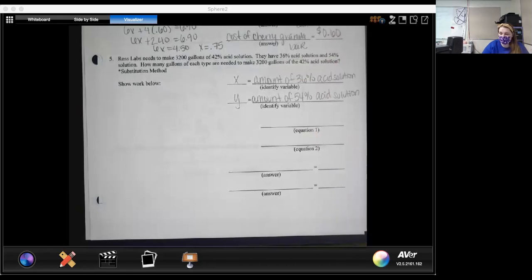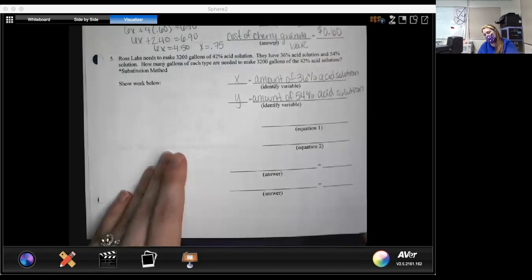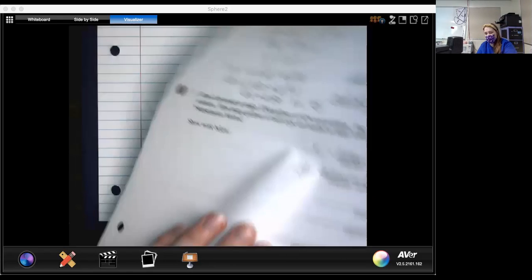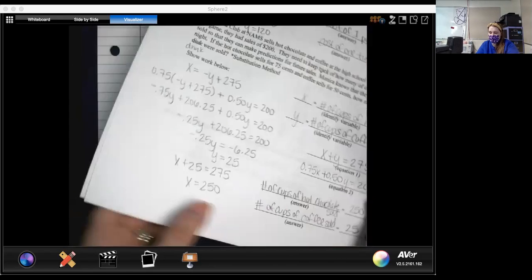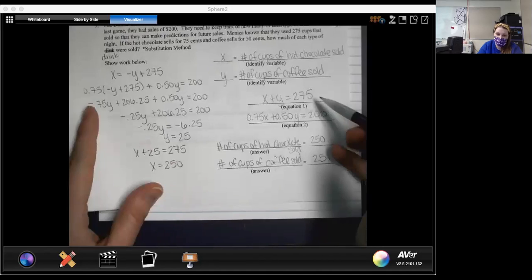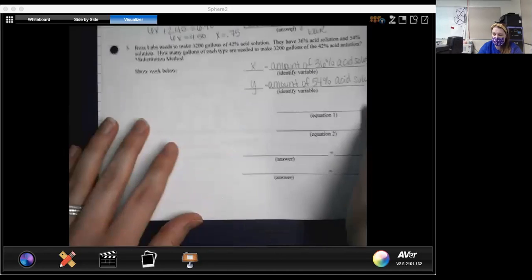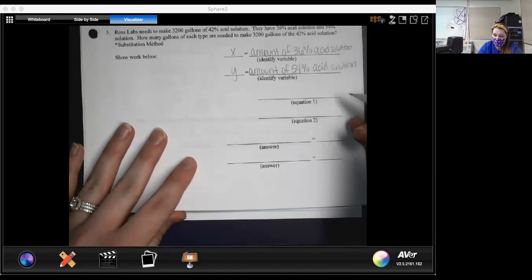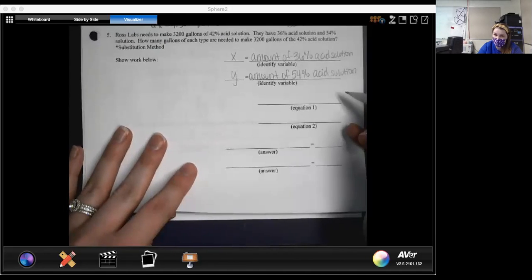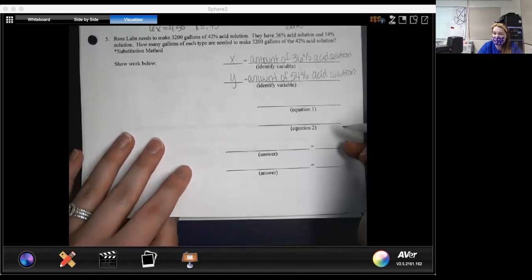So similar to question number 3, where we had a question based on how many cups and how much it costs, in this type of question we're going to have something similar. The first equation is going to be based on how many gallons. The second one is going to be based on the 42% gallons.